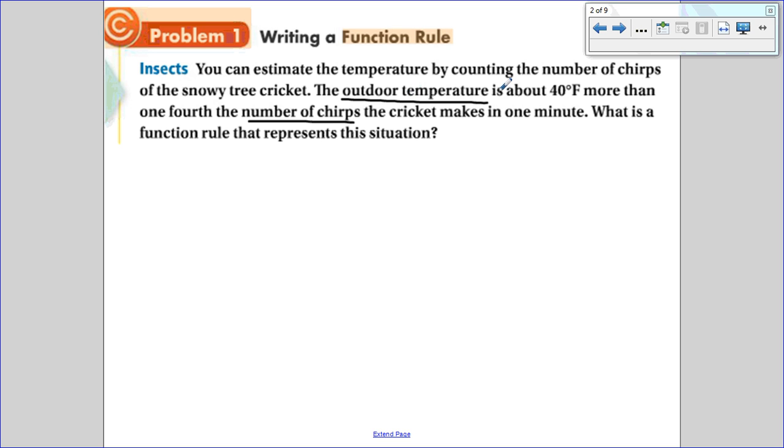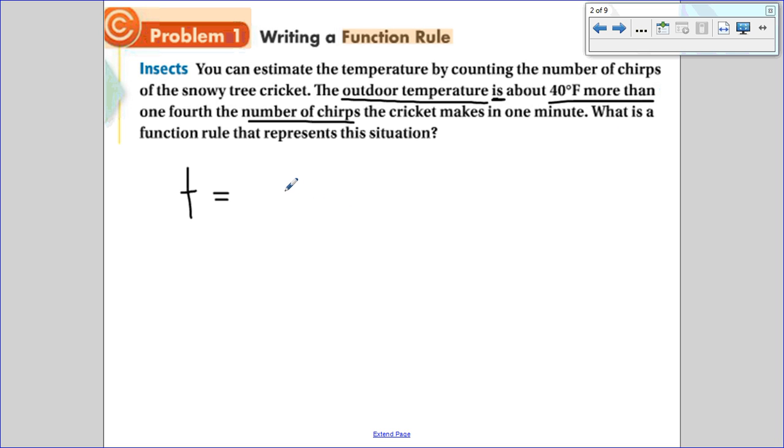So the temperature is, if you remember, what does the word "is" usually stand for? An equals. So T, the temperature, is 40 degrees Fahrenheit more than. What does "more than" usually represent? Usually a plus sign, right?